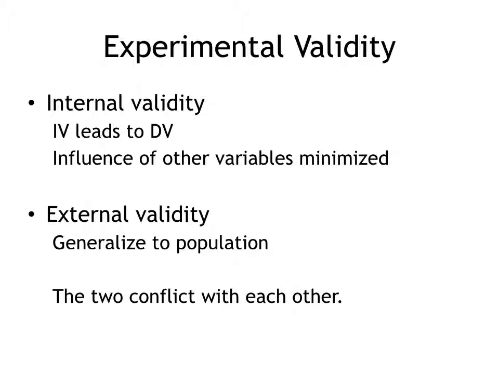The problem you have is that these two kind of get in conflict with each other. So if you increase your internal validity, you minimize, you control for all the other variables so that it's just the independent variable and you're really, really certain that led to the outcome, you're not going to have as much external validity where you can generalize it out to the population, because out in the population, all those other factors are going to come into play.